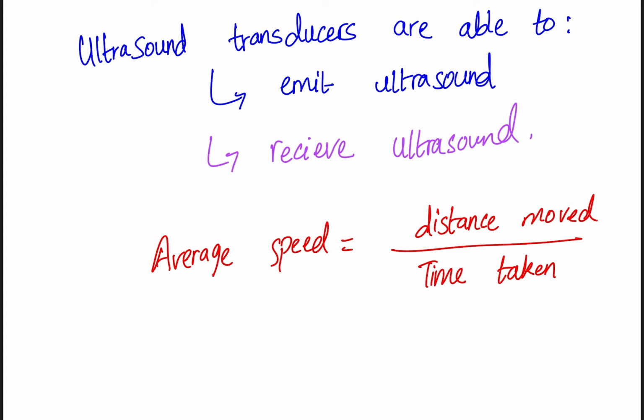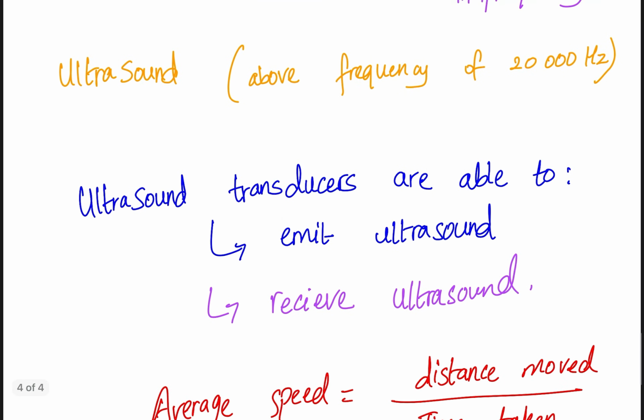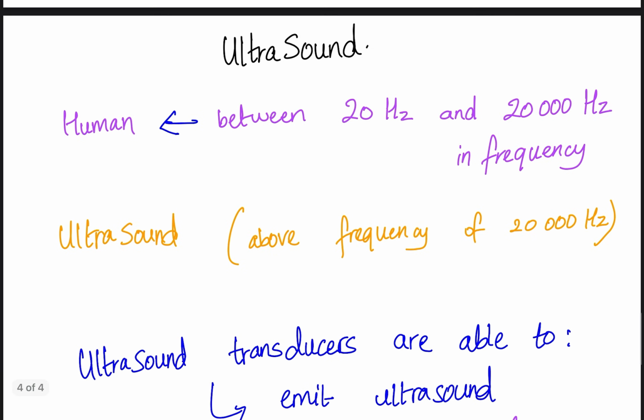Ultrasound is also used for medical treatment when removing kidney stones. Please have a look at the notes, and soon we will be starting with the past paper classes of this topic.